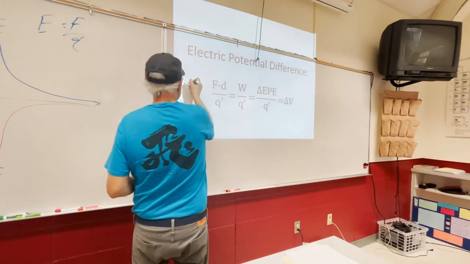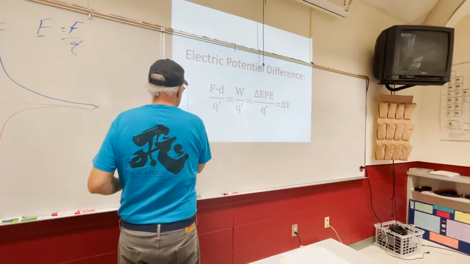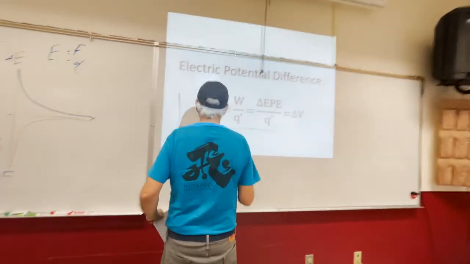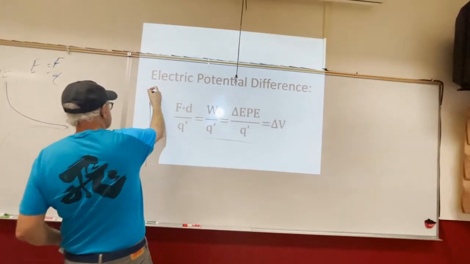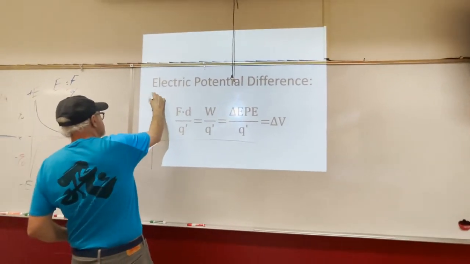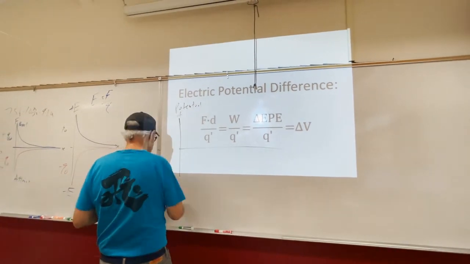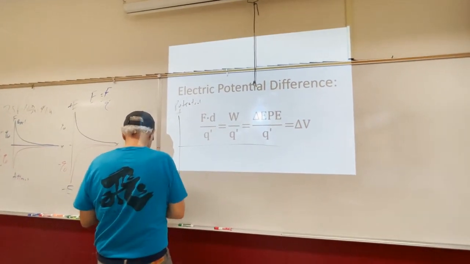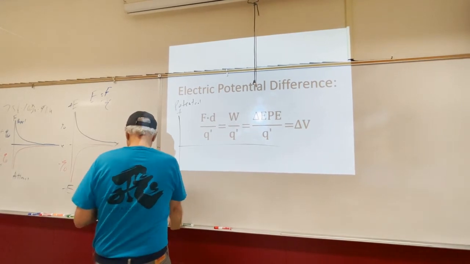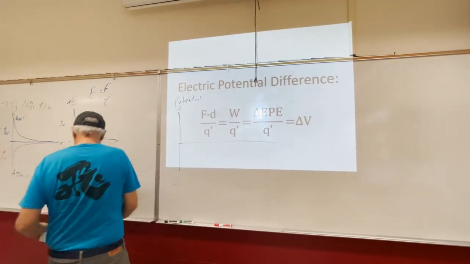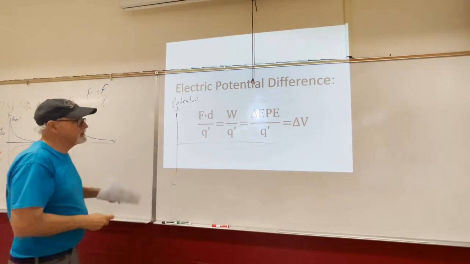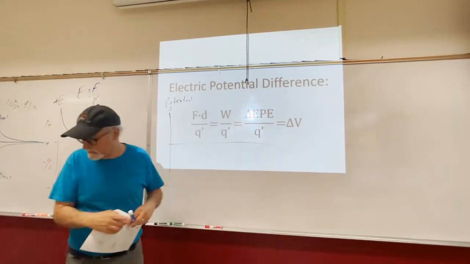So this is electric potential, and I'm just going to use the word potential. And you can have positive and negative. I'm going to go on to this next slide.